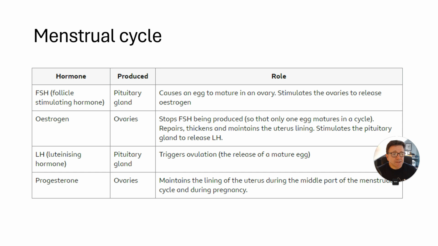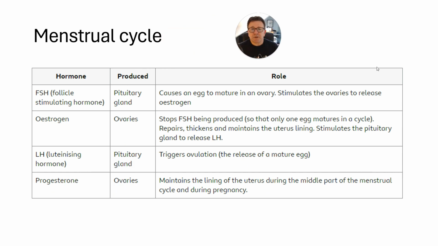The menstrual cycle does come up regularly, so if you're doing higher tier, you need to check out different graphs of when hormones increase and decrease, but these are the main things you need to know. You need to know the 4 main hormones, where they're produced and their role.